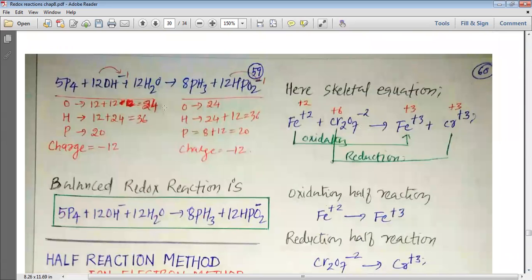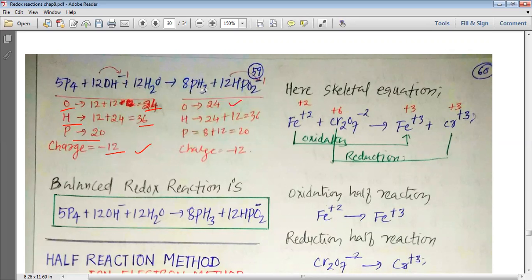Now my dear students, if we calculate the number of various atoms, we can come to know that we have oxygen that is equal to 24, hydrogen that is equal to 36, phosphorus that is equal to 20, and charge minus 12. Even if you look into the number of oxygen, 12 2s are 24.